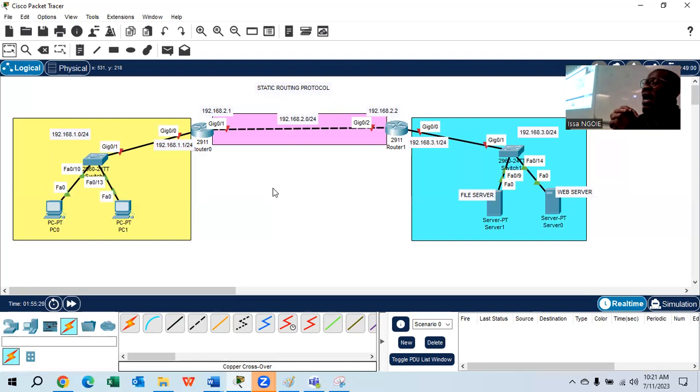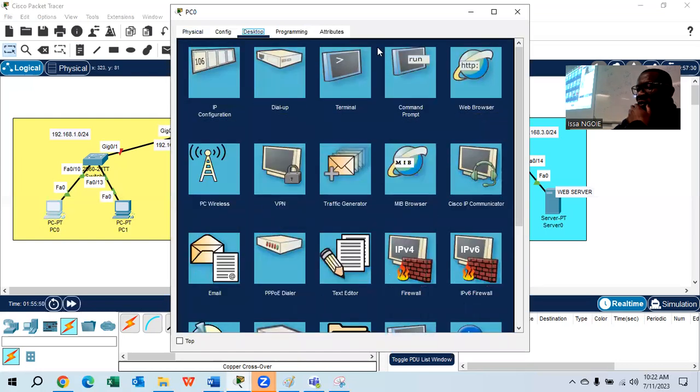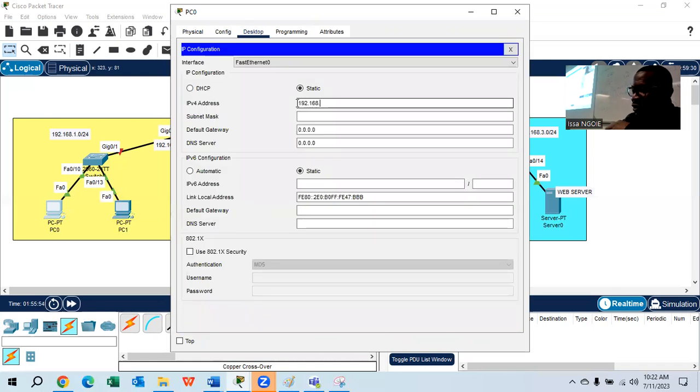Okay, let's first assign the IPs to the computers and the servers. Desktop, IP 192.168.1.3 maybe.